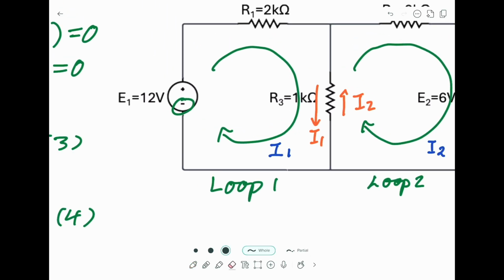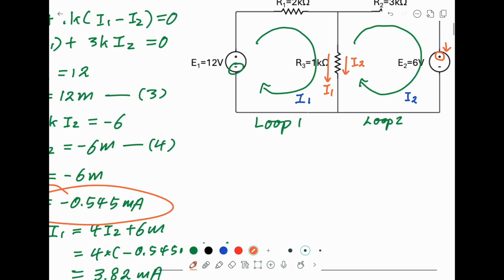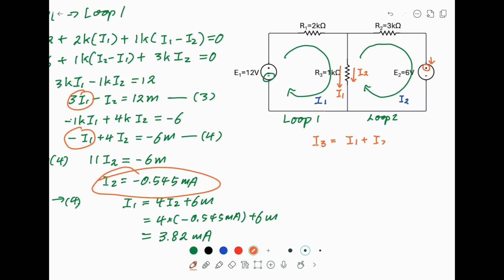So I will draw the I2 should be, in this case, going down as well. So the physical current I passing through R3 should equal to I1 plus I2. Remember, I already reversed the I2.